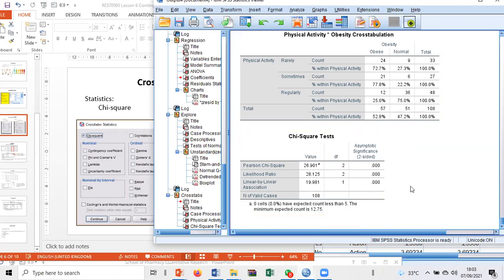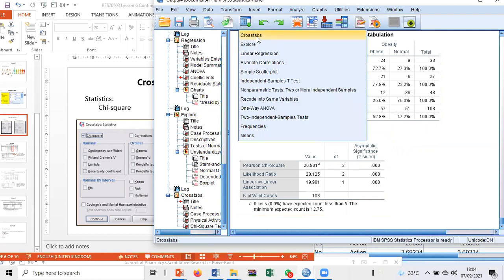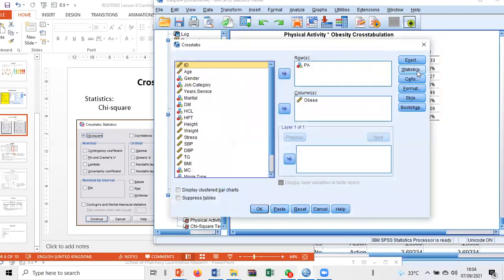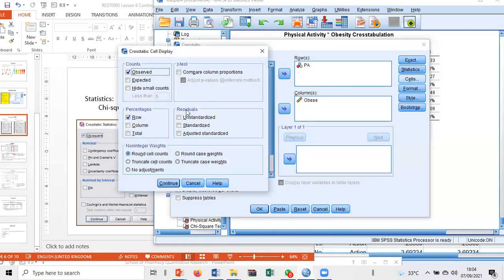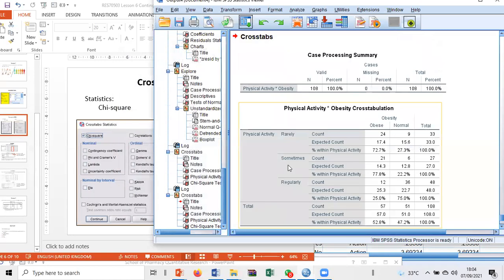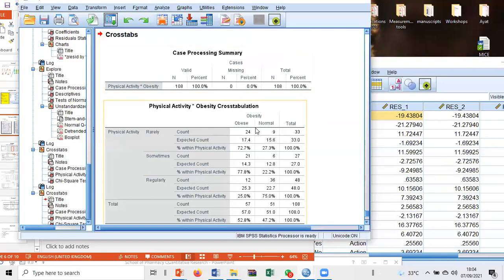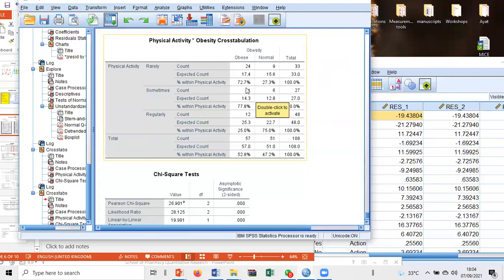Professor, I still don't understand very clearly about this 12.75. Okay, expected count 12.75. Where did the value come from? Let me show you. This value is the expected count. How do you get the value?